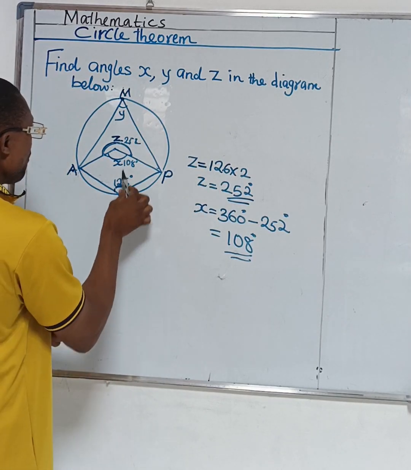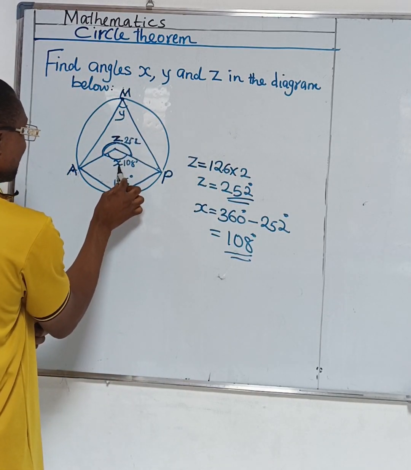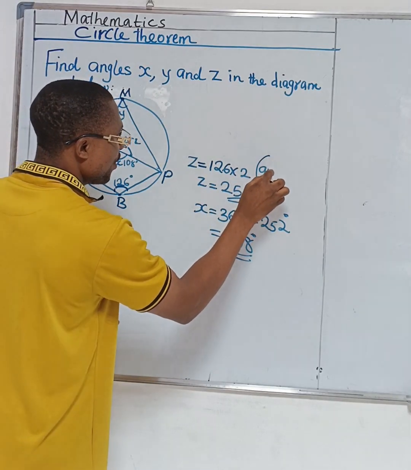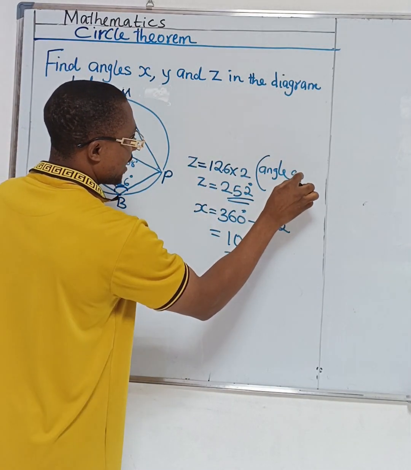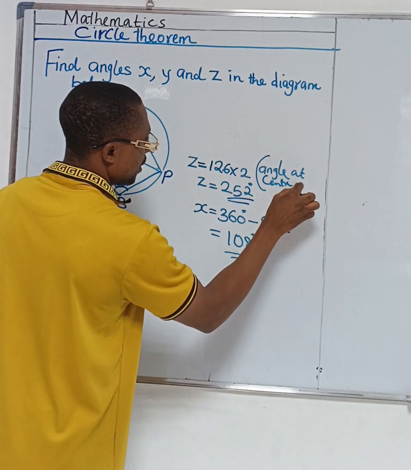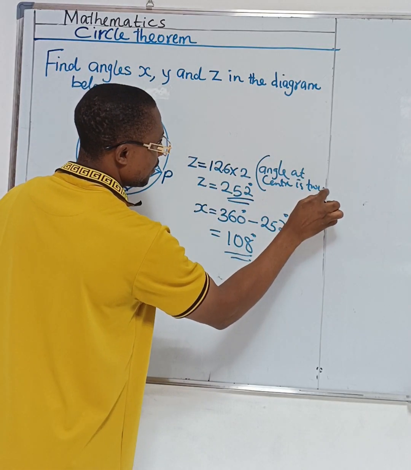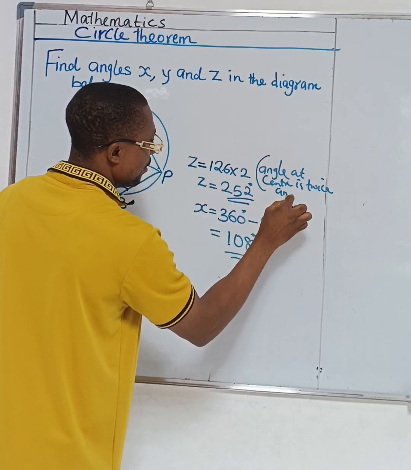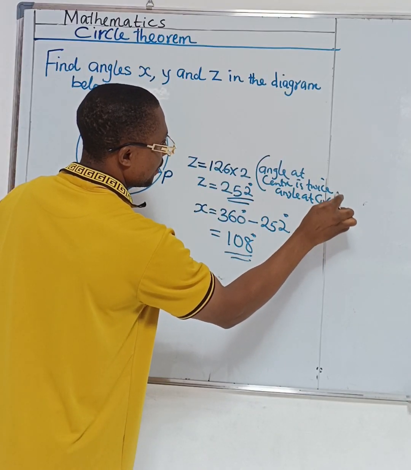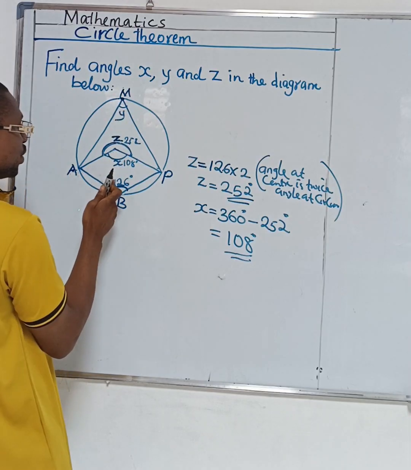All right. Now, to get y, we have already known this angle at the center. Remember what we said here: angle at the center is twice the angle at the circumference. It is the same reason that we're going to use here.